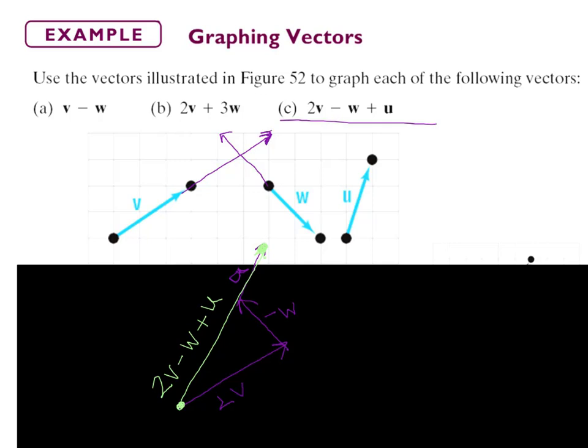Does that make sense? All right. Very good. No questions? Don't worry about the numbers because right now we're just doing it geometrically. Just like we did in Alex geometrically, we do it geometrically here.